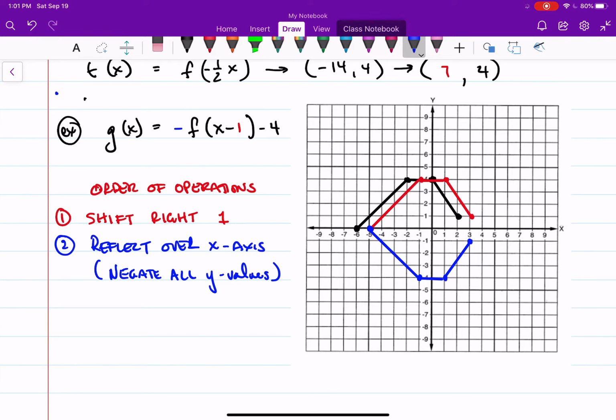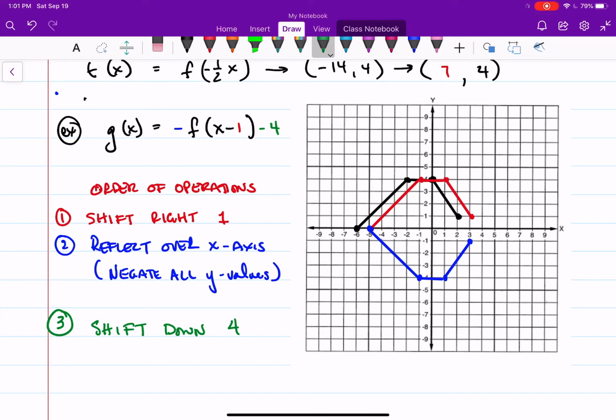All right. Step 3. Well, step 3 is now this right here. Minus 4. So that means what? A shift down 4.